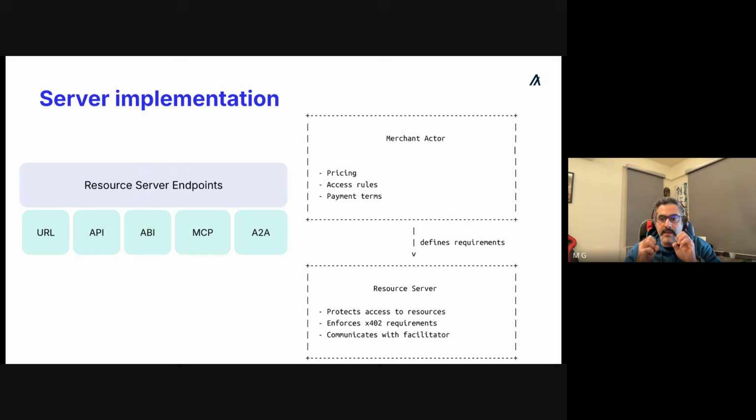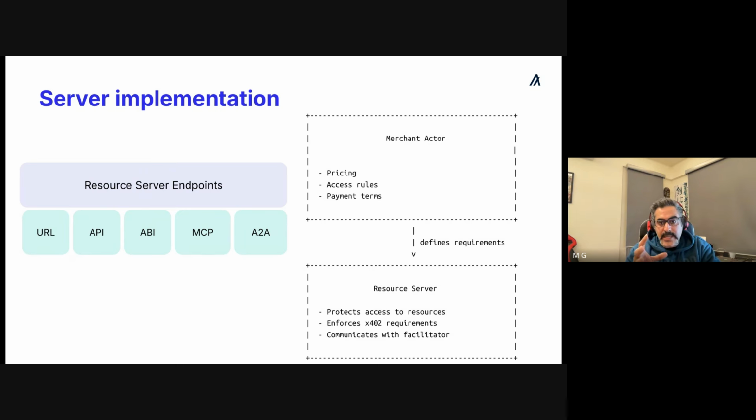If everything is okay, it settles them on the associated blockchain, which is the actual payment rails behind everything. And after the settlement, the facilitator acknowledges the finality of the settlement to the resource server, saying, hey, I just received the payment settlement for the transaction, payment is done, feel free to deliver the resource to the end user. These are the two main jobs of the resource server.